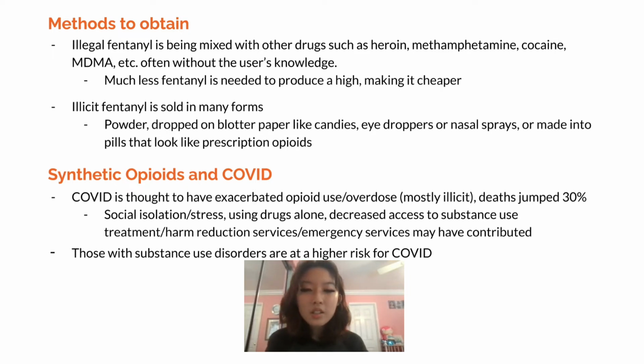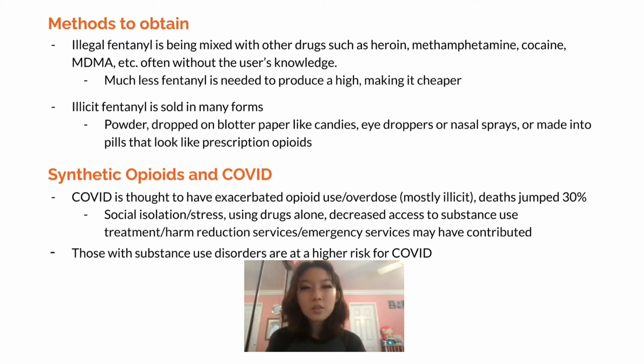Much less fentanyl is needed to produce a high, which makes it cheaper, which is why it's so common. Illicit fentanyl is sold in many forms, such as powder dropped on blotter paper like candies, eyedroppers, or nasal sprays, or made into pills that look like prescription opioids.